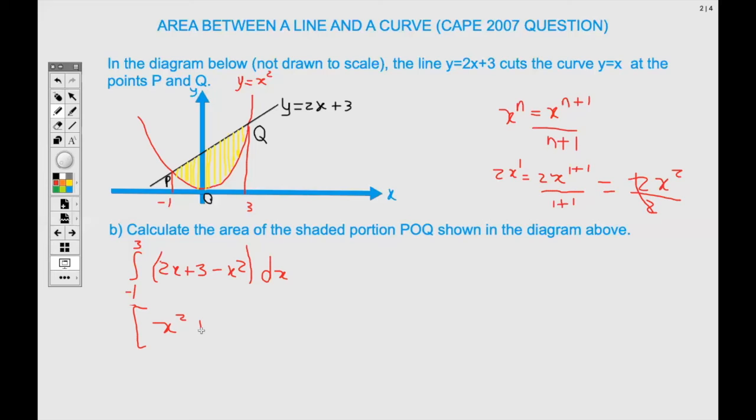The integral of 3 is just 3x, so you just attach an x to the constant. And then we're going to integrate minus x squared, so you do the same thing as I did before, where you add 1 to the 2, so it becomes 3, over 3, plus my constant.